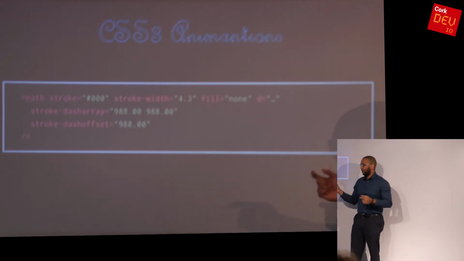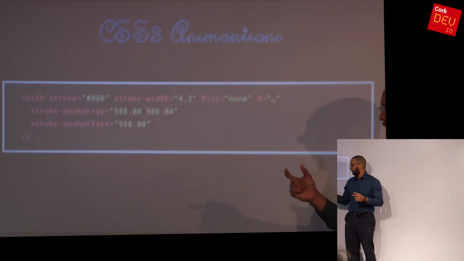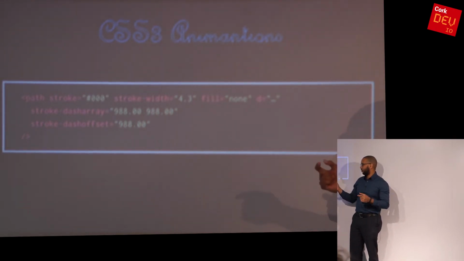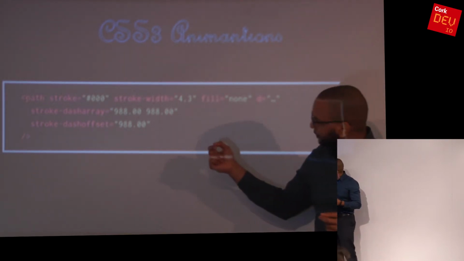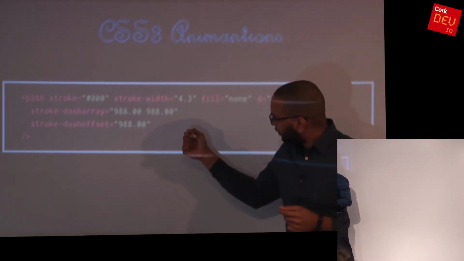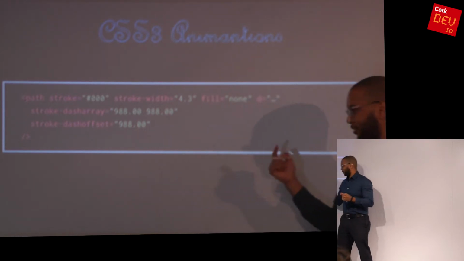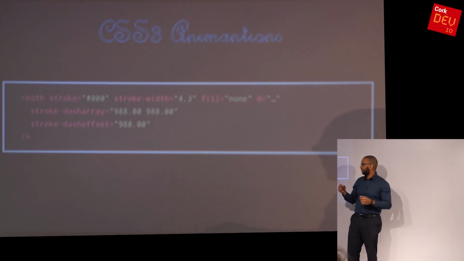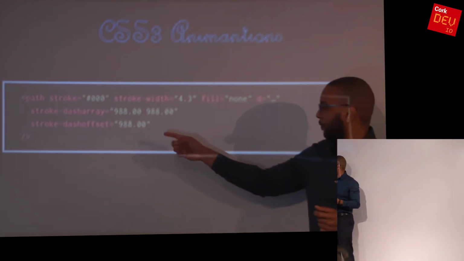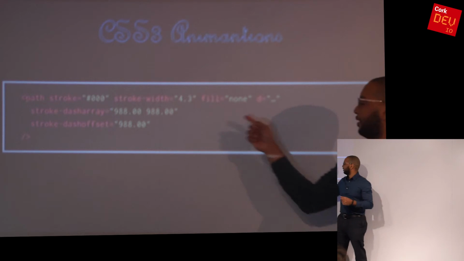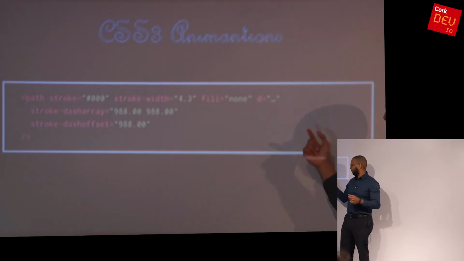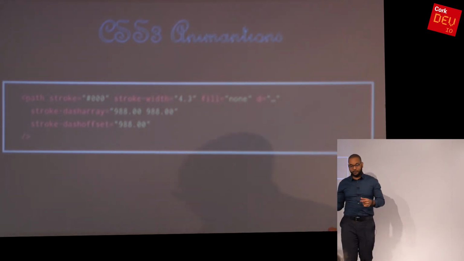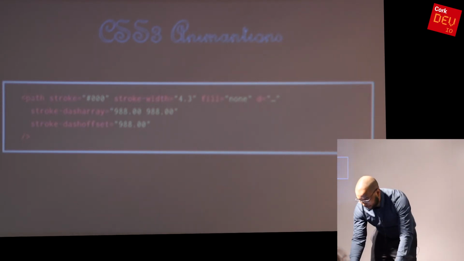The first one is how long the lines are, and the second one is how long the space between the lines is. Then you pass the dash offset property, which is where to start drawing the line. If you set these properties to the length of the whole path, and then you use transitions, as we just learned how to use.